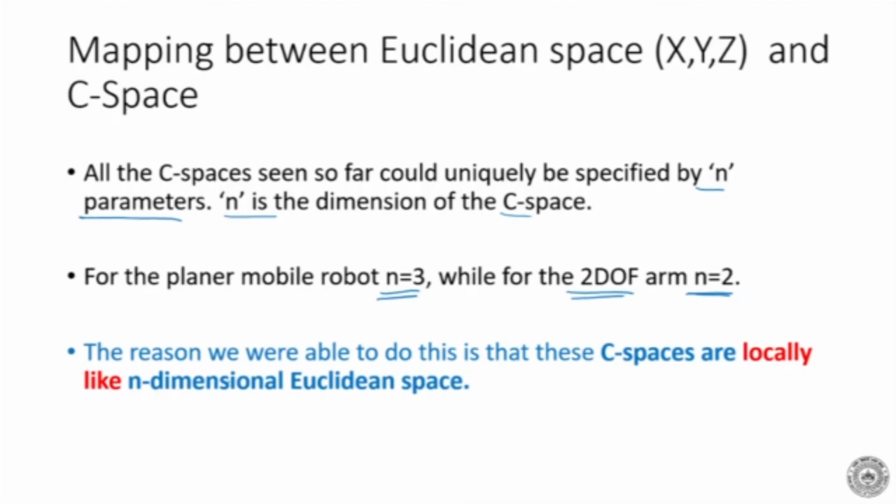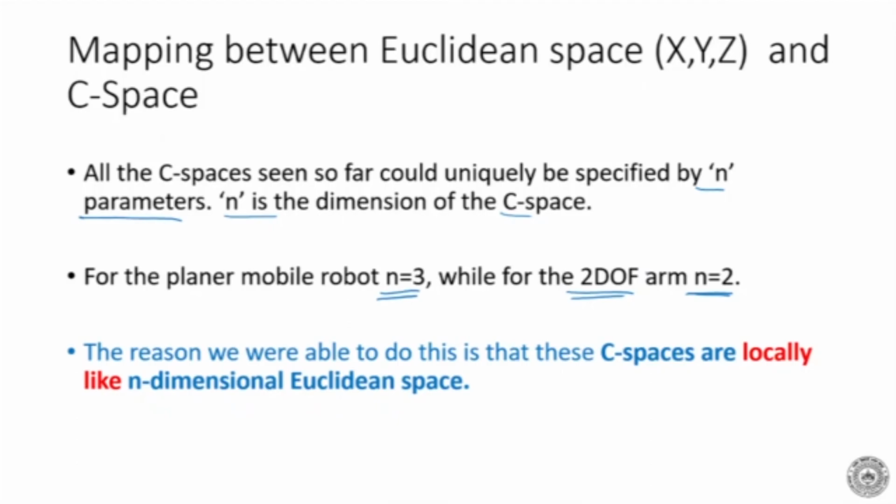Now, the reason we are able to do this is that these C spaces are locally like n-dimensional Euclidean spaces. That is the reason why we are able to map.